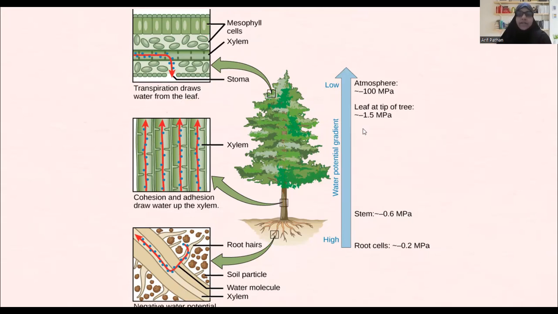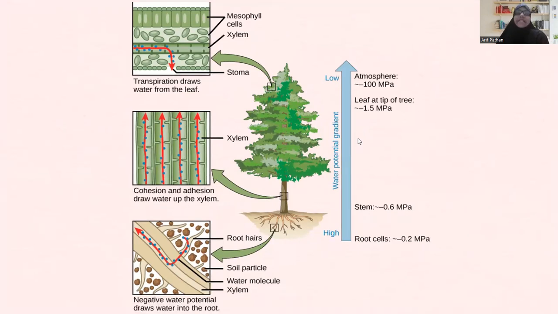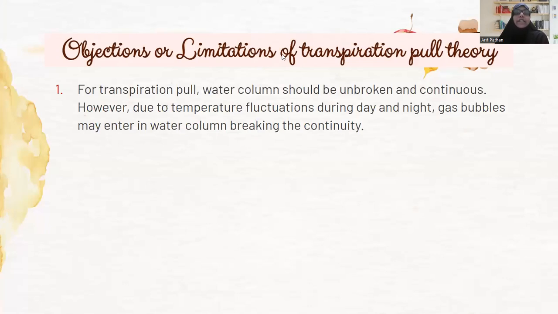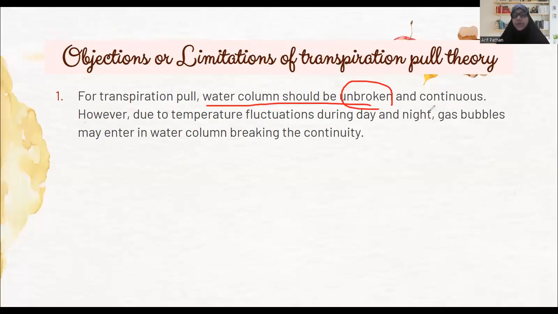So this explains the transpiration pull theory. But though it is one of the widely accepted theories, you have certain limitations and drawbacks to this theory. So let's see what the drawbacks are. One thing is that for this transpiration pull, the water column should be unbroken. It should be continuous.